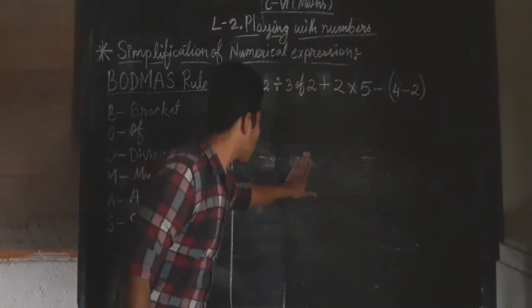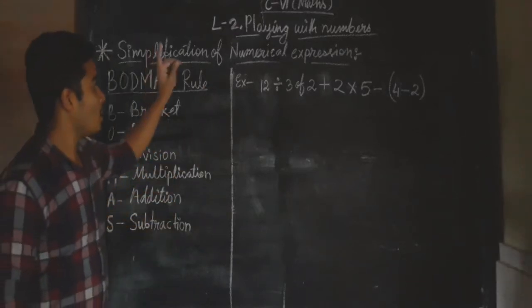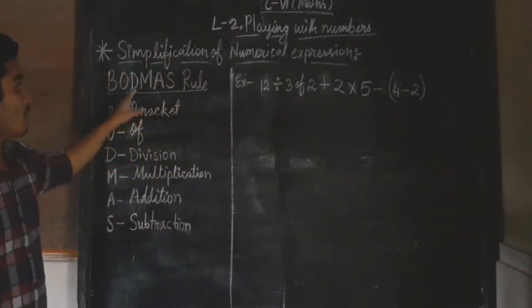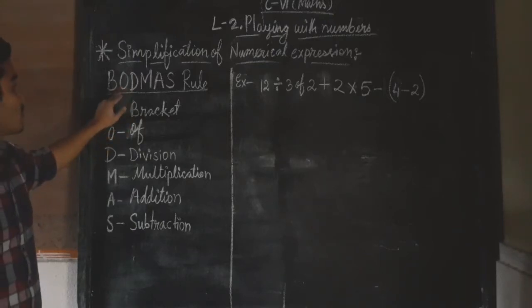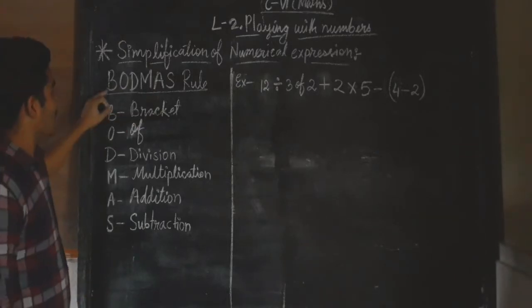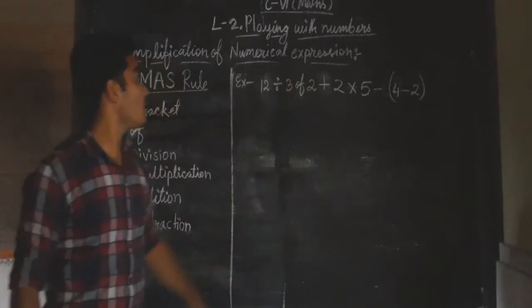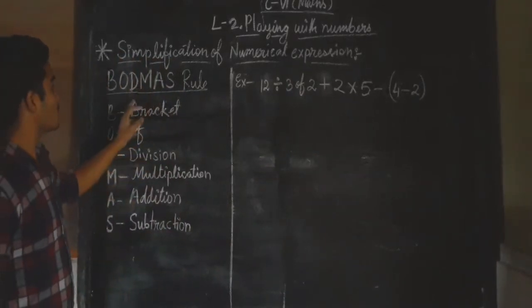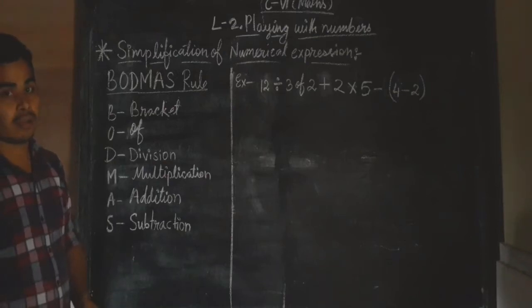But a numerical expression is not so simple to calculate. So we will follow a very famous rule, which is called the BODMAS rule. To simplify any numerical expression, we must use the BODMAS rule, otherwise our answer will not be correct.